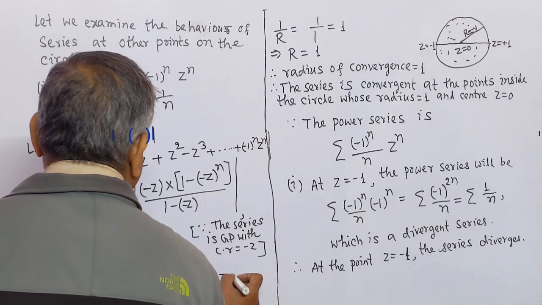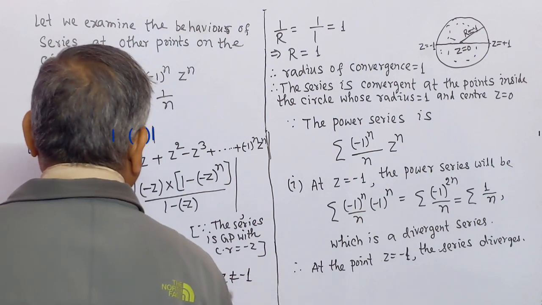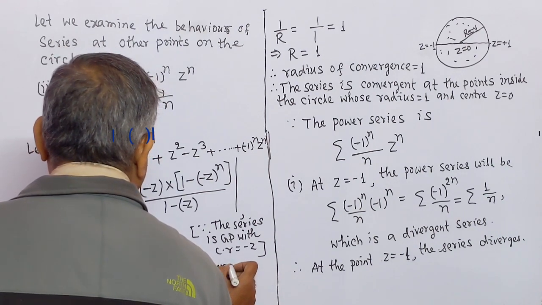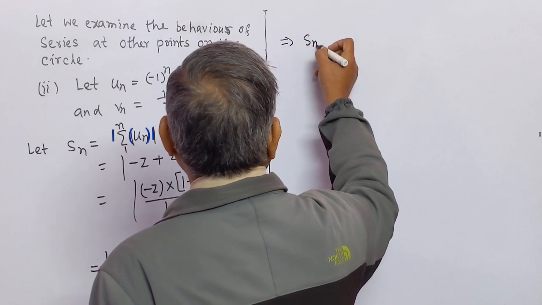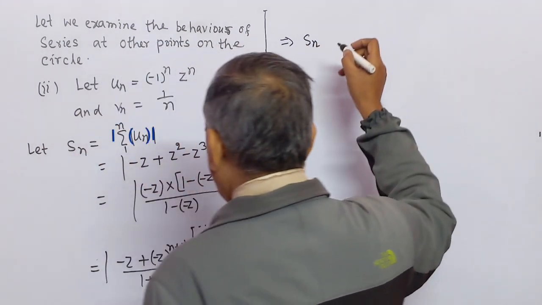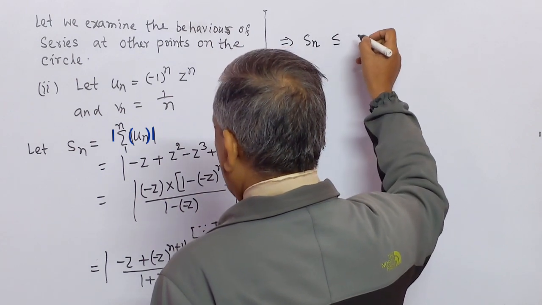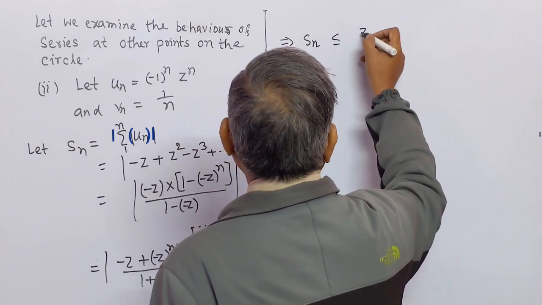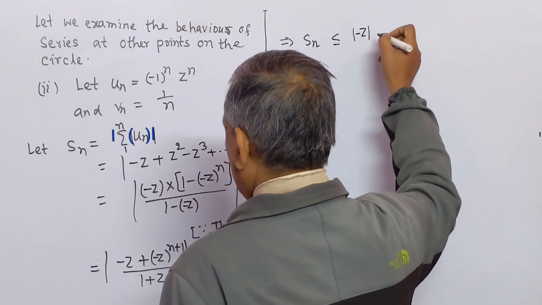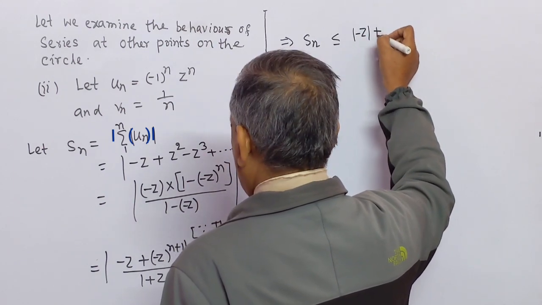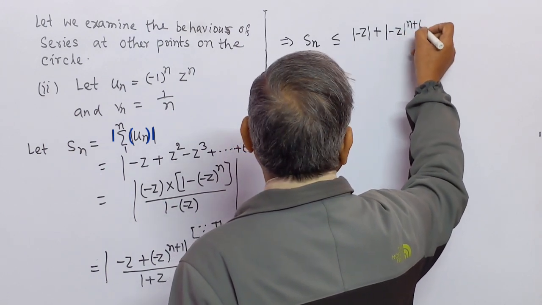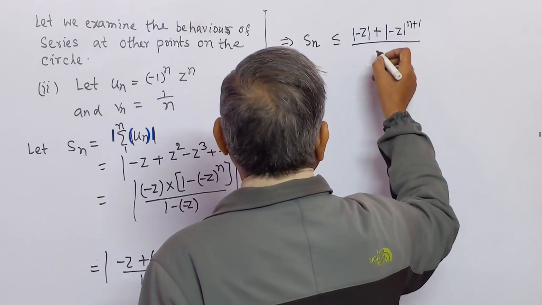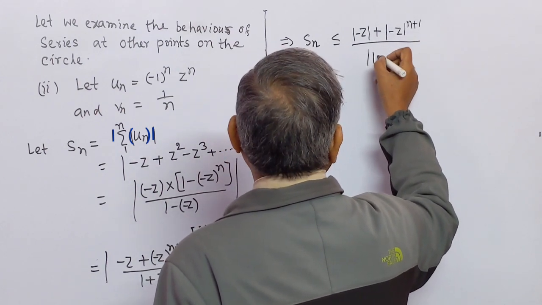Here we take z not equal to minus 1. This implies that modulus of S_n is less than or equal to modulus of minus z plus modulus of minus z to the power n plus 1, over modulus of 1 plus z.